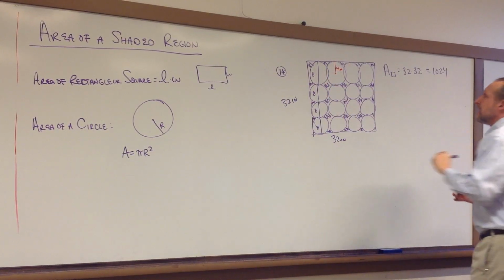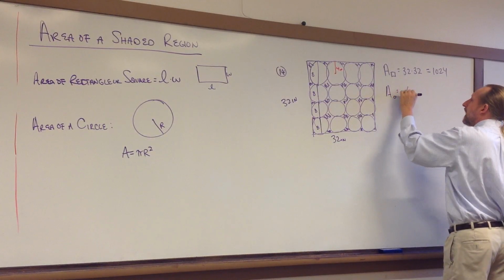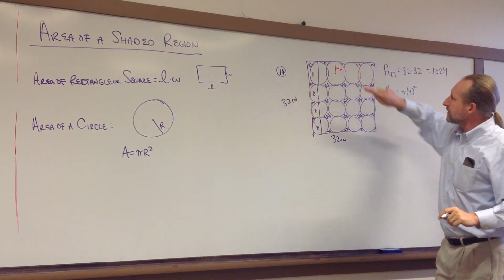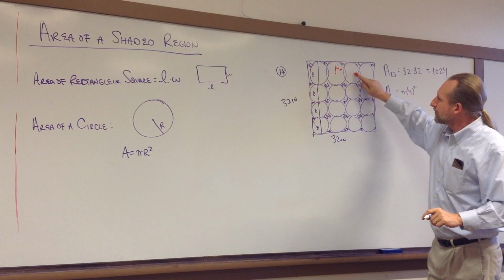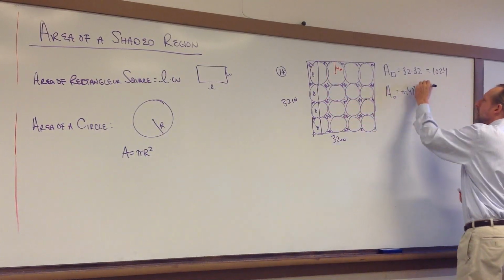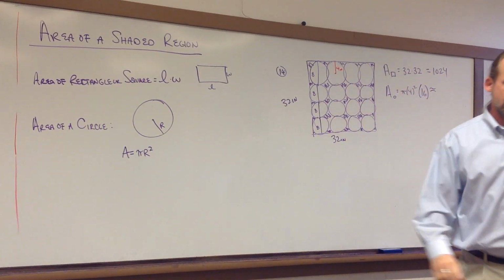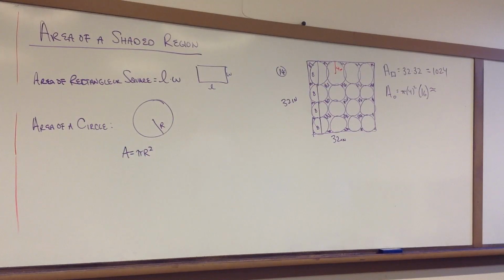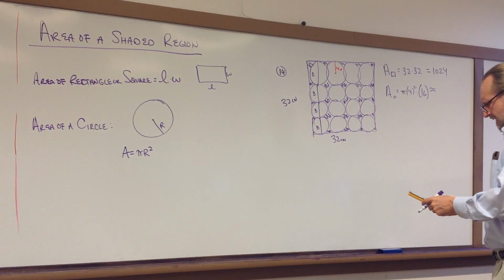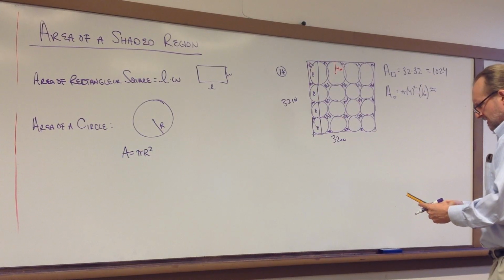So that's the key to finding the area for one of those circles, pi times 4 squared. But then that's just one circle. We've got 1, 2, 3, 4, 5, 6, 7, 8, 9, 10, 11, 12, 16 of those circles. So let's calculate that. All right, so we've got pi times 4 squared times 16.